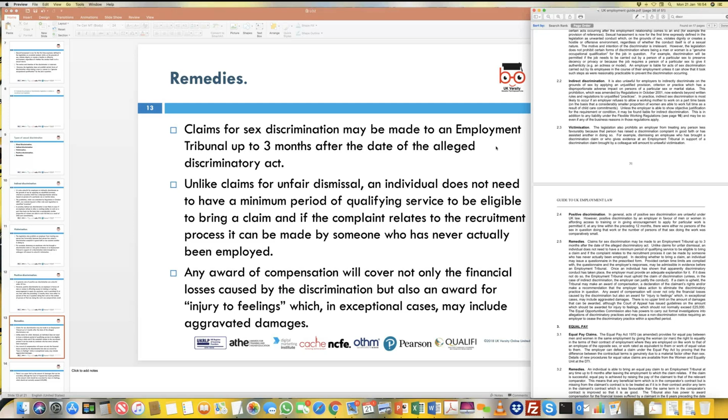And if you win, in some cases there are two or three remedies which are possible.